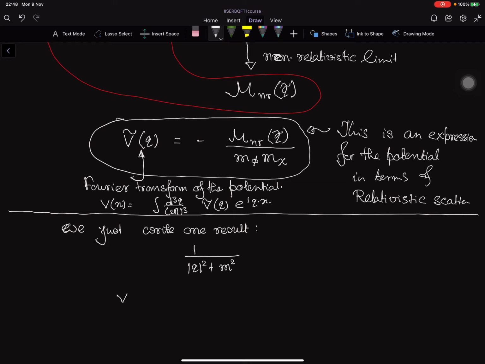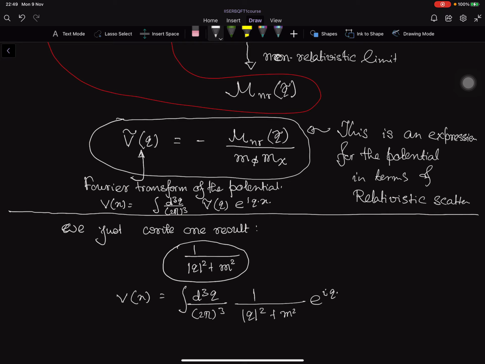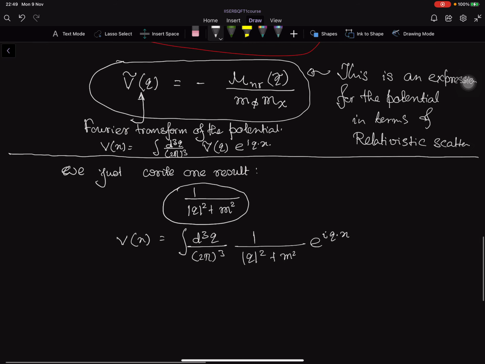And we just write this result because we will be using it again and again, the Fourier transform of this. At this point it's just an ad hoc mathematical computation, but you will later see what its utility is. You can do the Fourier transform.